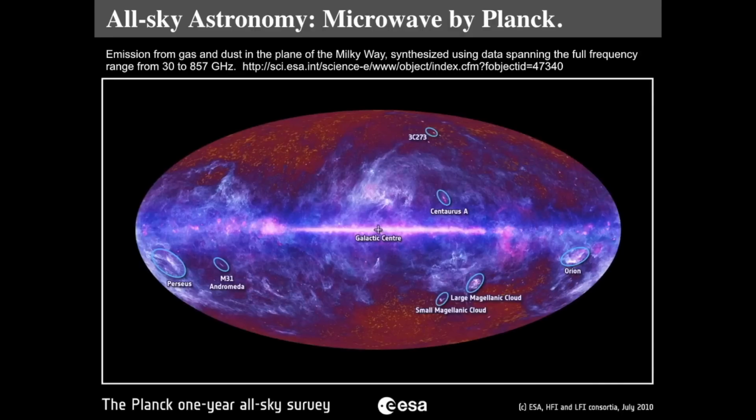So the Milky Way itself has huge emission in microwaves, and that comes from the dust and gas, mostly the dust, and also the galactic magnetic field actually causes the emission of this as well. So mapping the galaxy's emission in microwaves is extremely critical to understanding the cosmic microwave background, because the galaxy emits a huge amount of microwaves. So in any event, we see again the galactic center and the galactic disk going across.